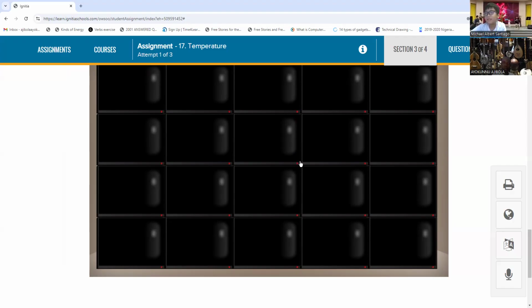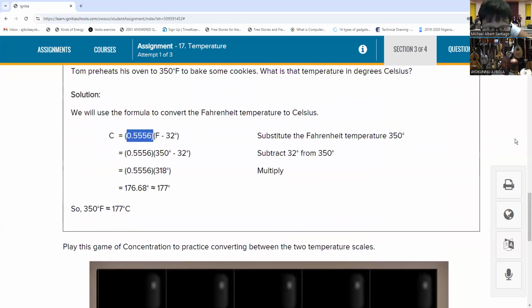Yes. Okay. So we're going to be checking all of them to see which one is going to match. Again, before we start, from Celsius to Fahrenheit, you multiply the Celsius by 1.8, then you add 32. Is that clear?